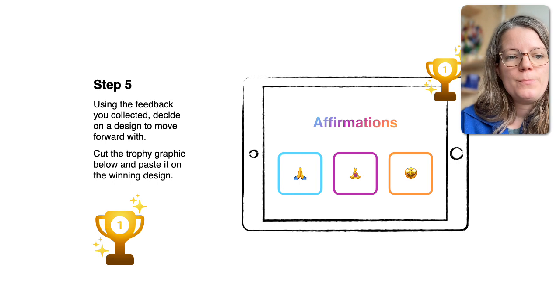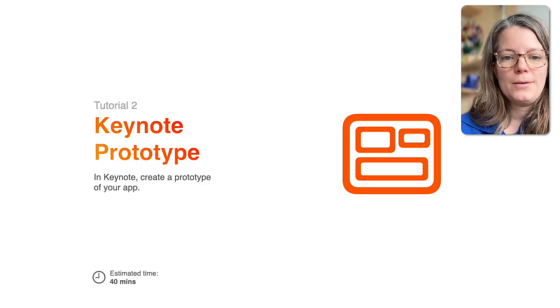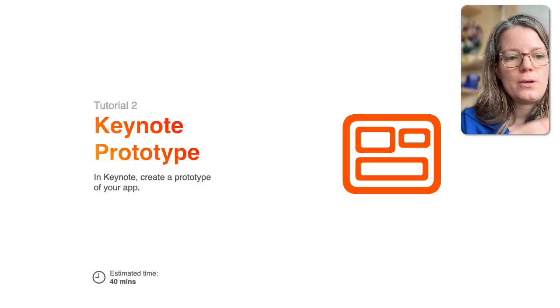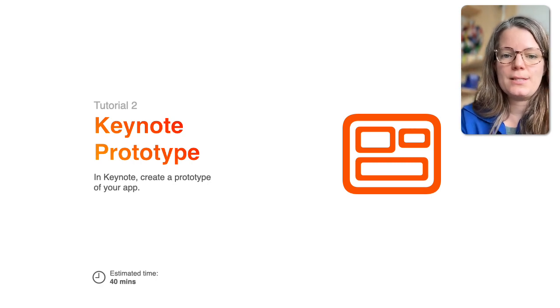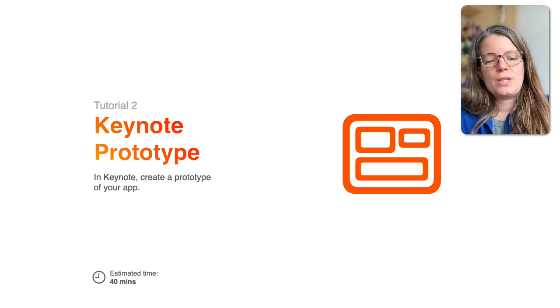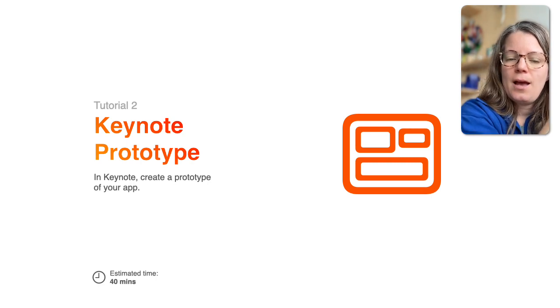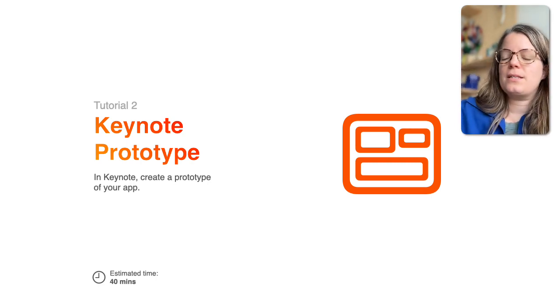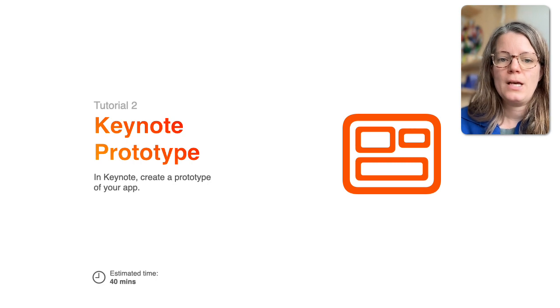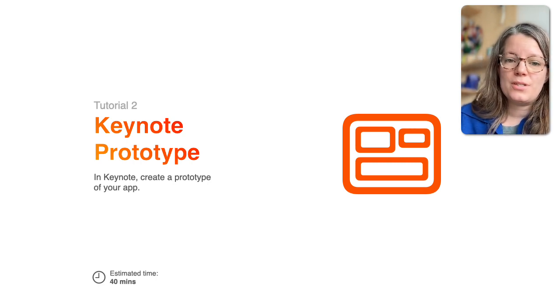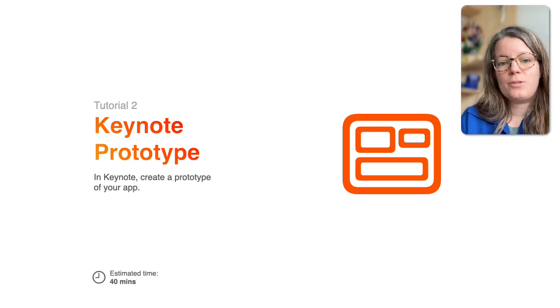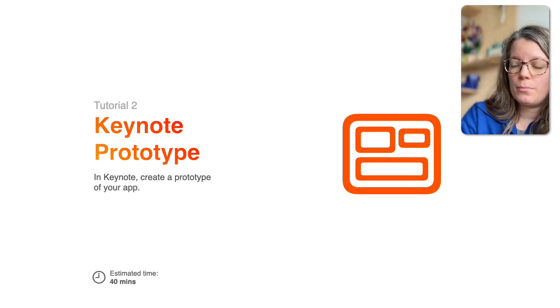Okay, so for those of you who are on the iPad, we are going to go into Keynote prototyping now, which means that normally you use Keynote for a PowerPoint, a presentation, right? You start with your first slide and then you just click next, next, next, and that's how you progress through your story. The only difference with this presentation and an app is that the presentation is linear. You go from slide 1 to slide 38.